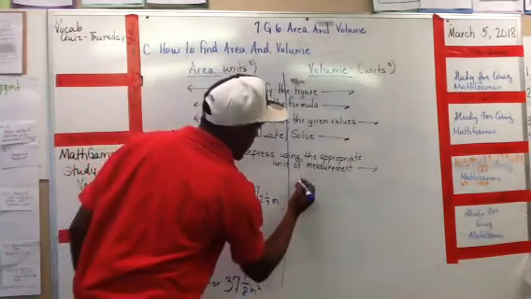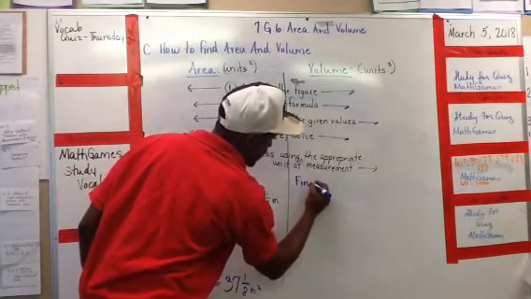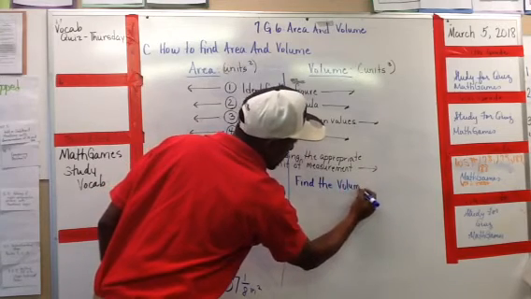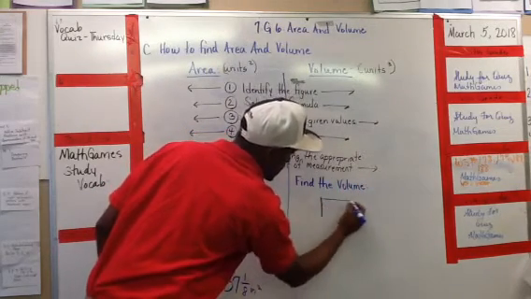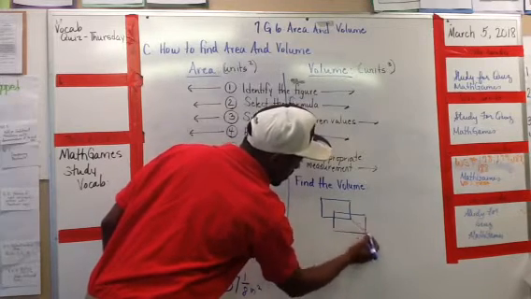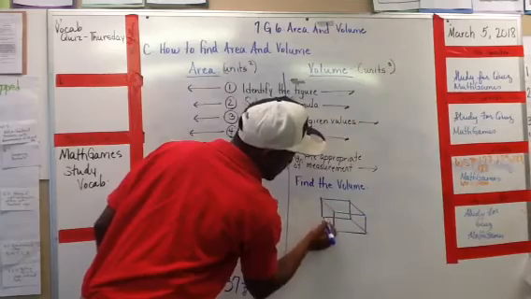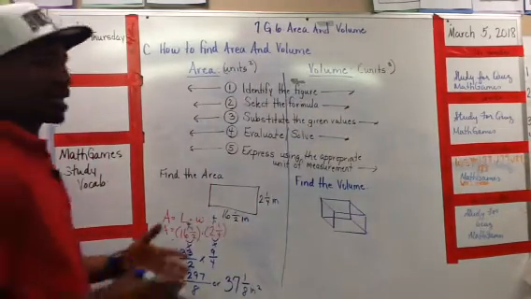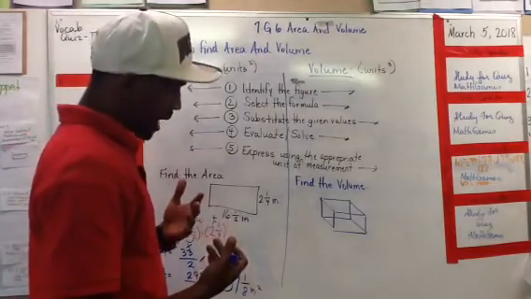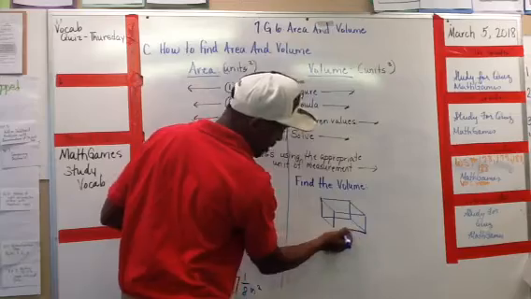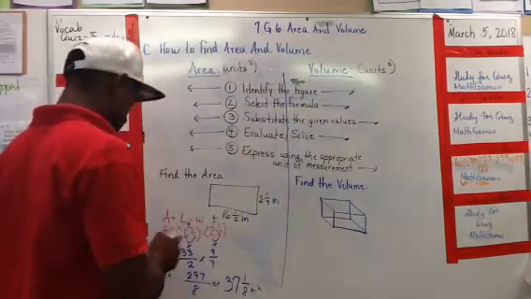So if I'm finding volume, it has to be a three-dimensional figure. Most likely, we'll see more prisms than anything. The difference between a rectangular prism, any rectangular prism, and a cube is that a cube always has the same size edges, whereas a rectangular prism can have various measures.